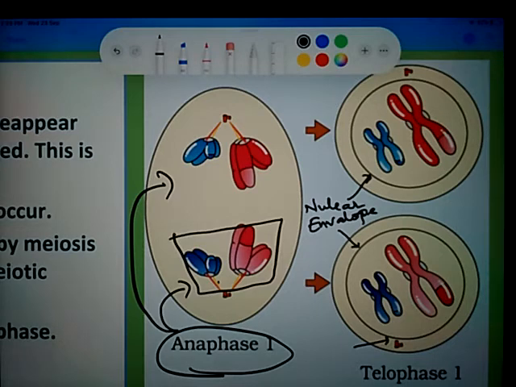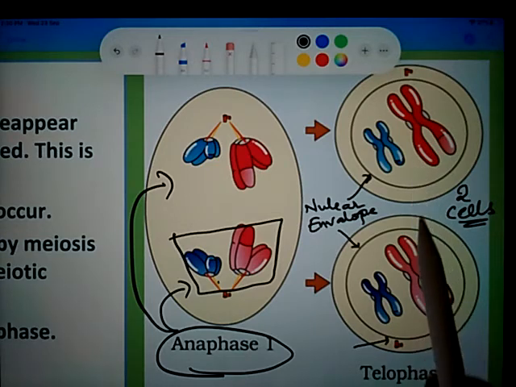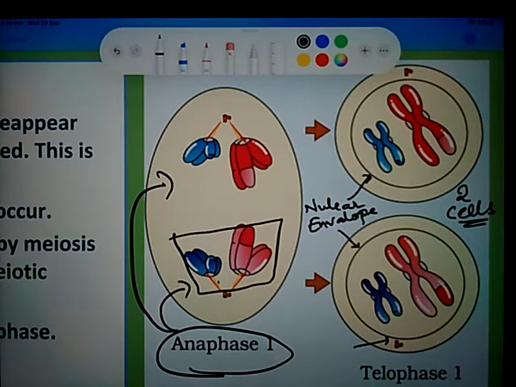Most important thing is that here you can produce two cells, two daughter cells, by consecutive cytokinesis as well. So karyokinesis is done and cytokinesis also done, and two daughter nucleus is produced there.